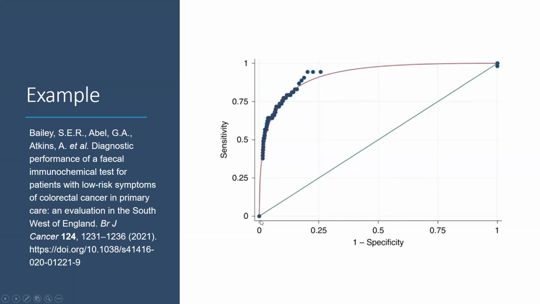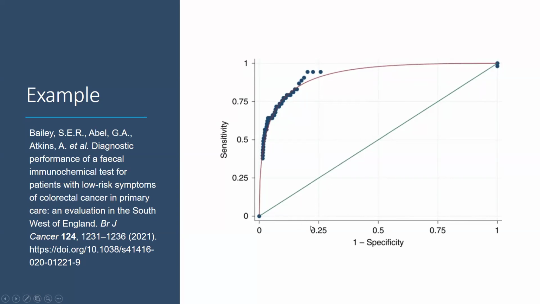Therefore, the area under the curve that will be plotted by best fit through all of your points here will give you an idea of how good your test actually stacks up. And 1 would obviously be the best, the area under the curve being 1, and 0.5, which is the area under this line here at unity, being an awful test. So you'll get a value of somewhere in between 1 and 0.5.